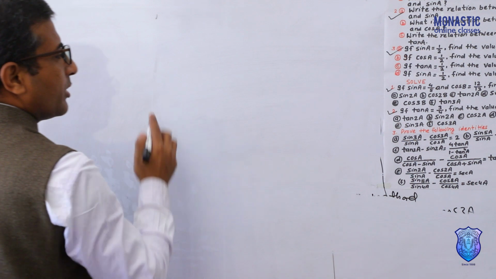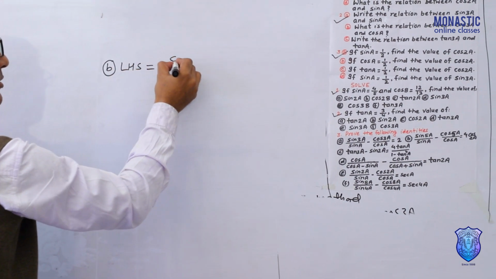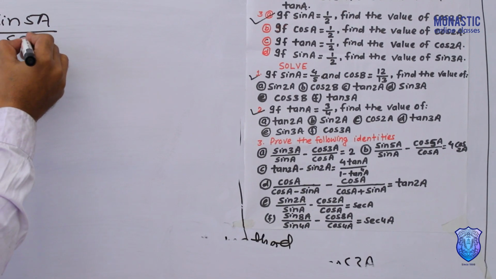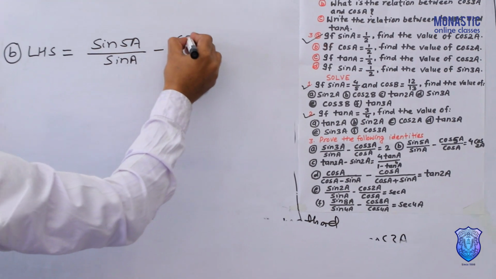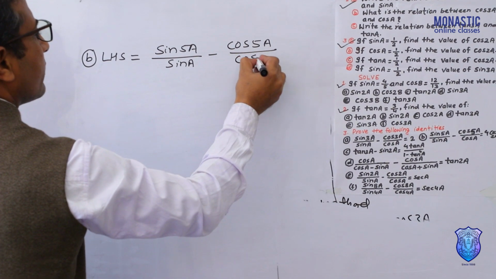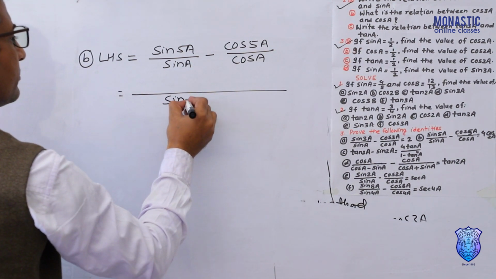Come to question number B. It is sine of 5A by sine A minus cos of 5A by cos A. Take the LCM.